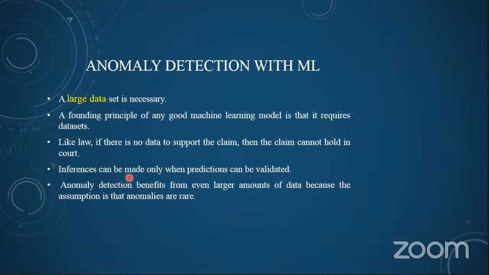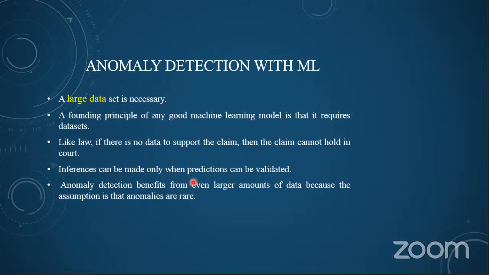Inferences can be made only when the prediction can be validated. If we have 5 or 6 GB of data and we build a machine learning model from it, the model might not be perfect because there is an anomalous amount of data in it.